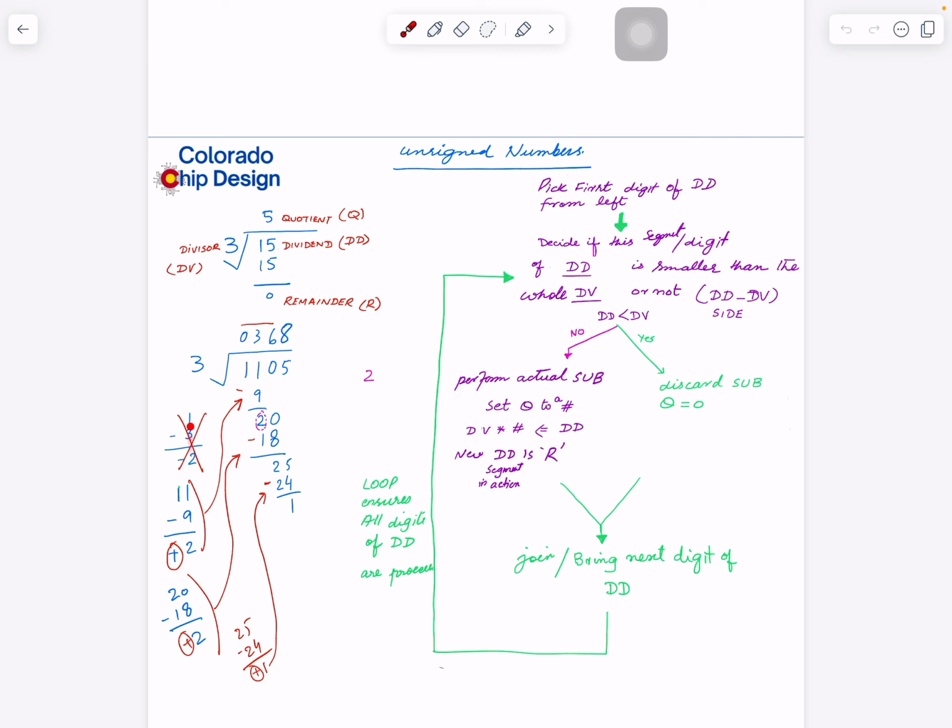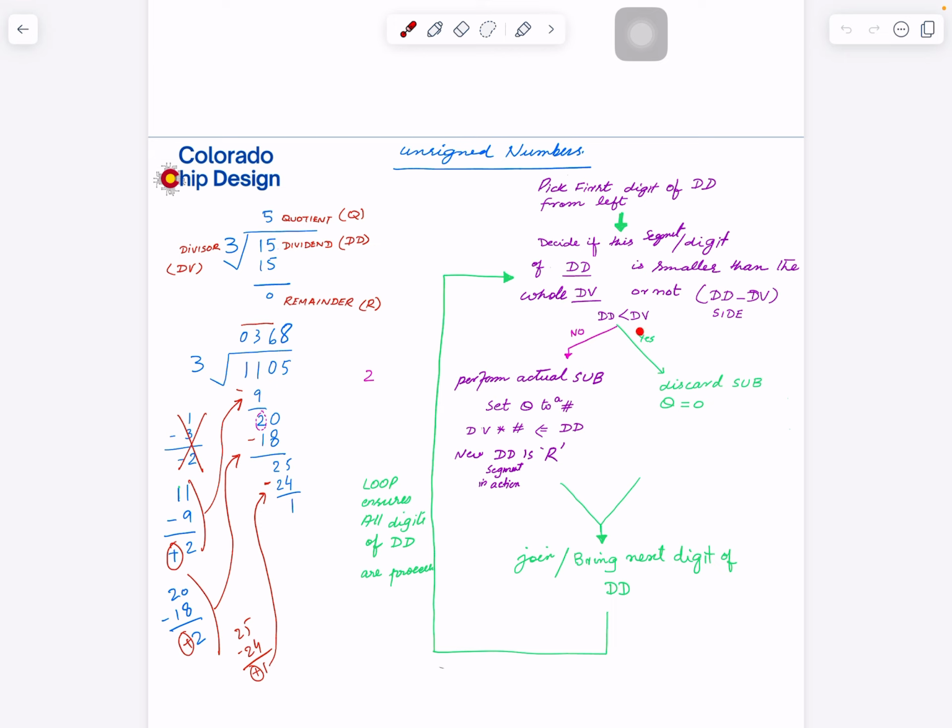I put a cross here because I already explained this example, but let's assume there's no cross. So we do 1 minus 3, and the answer is minus 2. This minus means that actually this number is smaller than 3. So once we see that it is minus, we go into DD is less than DV. So we go into this branch.